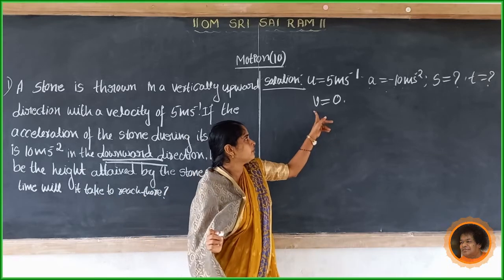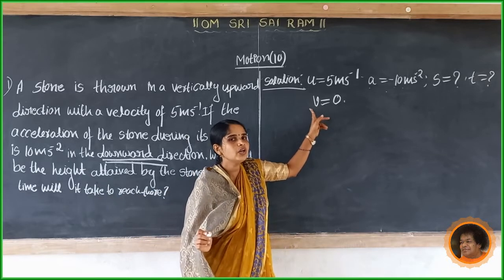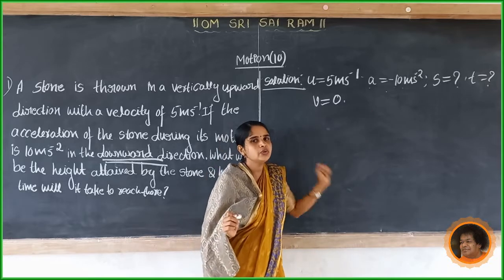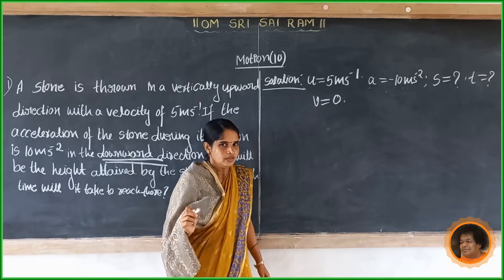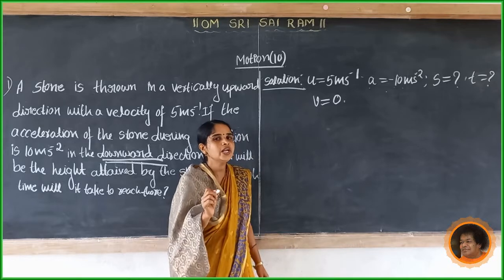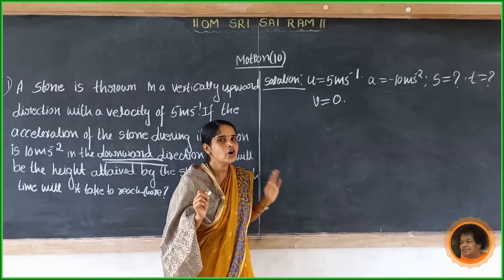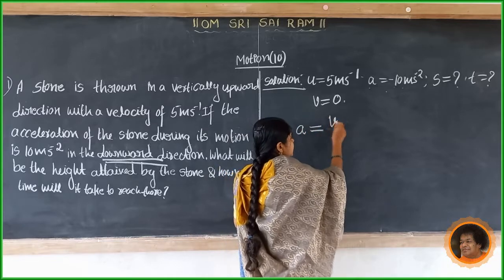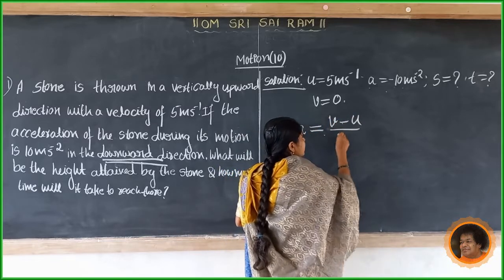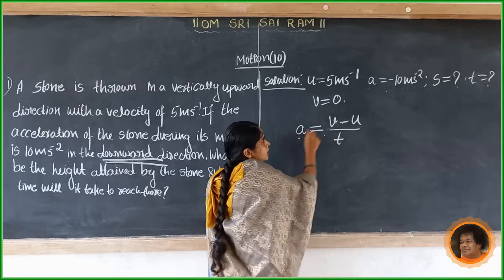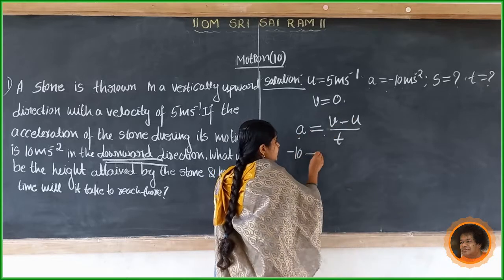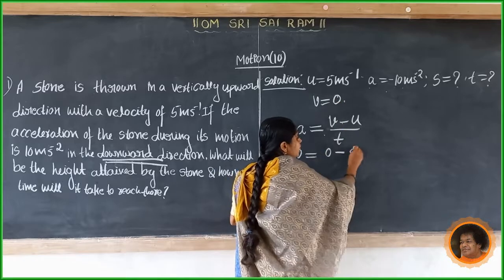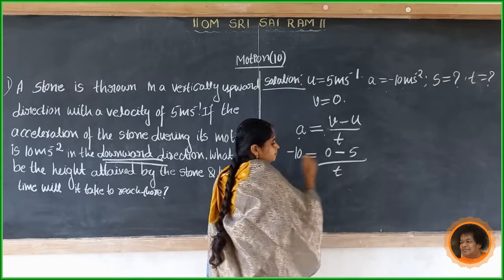So here the final velocity v equals 0. Calculate S equals how much and t equals how much. First calculate t, time. Using the formula acceleration a equals (v minus u) divided by t. The value of a is minus 10 equals (0 minus 5) divided by t.